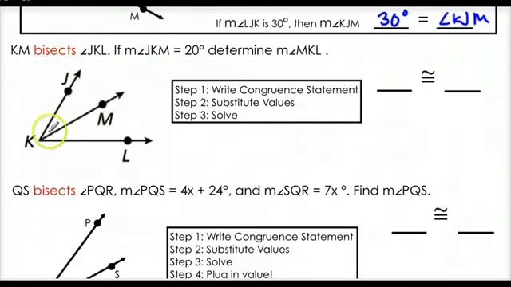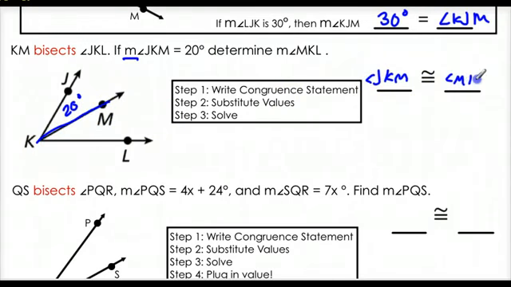If KM bisects JKL, and we know the measure of JKM is 20 degrees. So JKM is right here, and it's 20 degrees. Determine the measure of MKL. So first we write our congruent statement. Because we know KM bisects this angle, we're going to say that angle JKM is congruent to MKL.